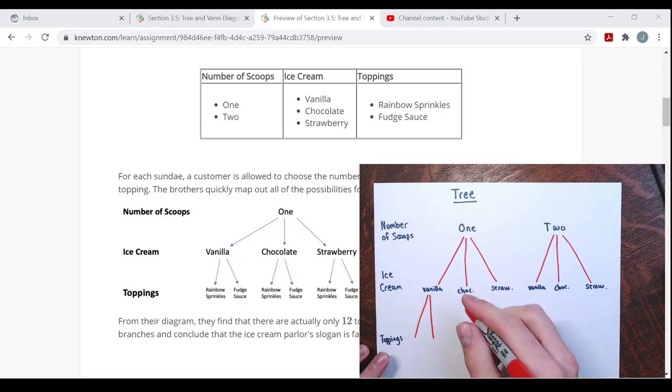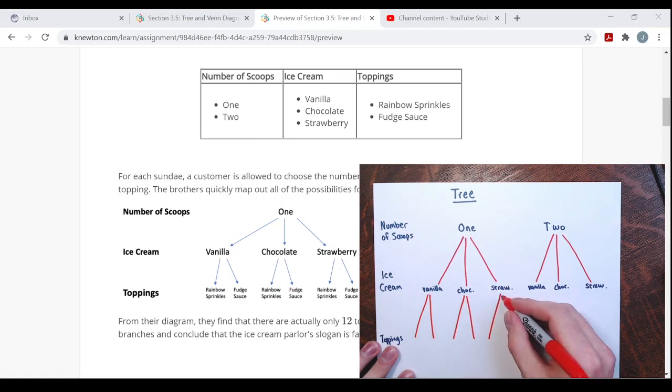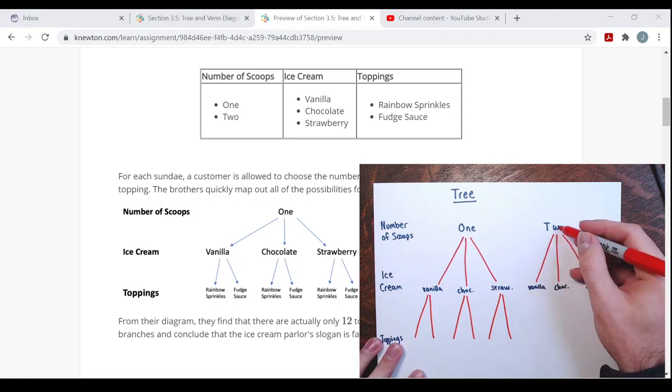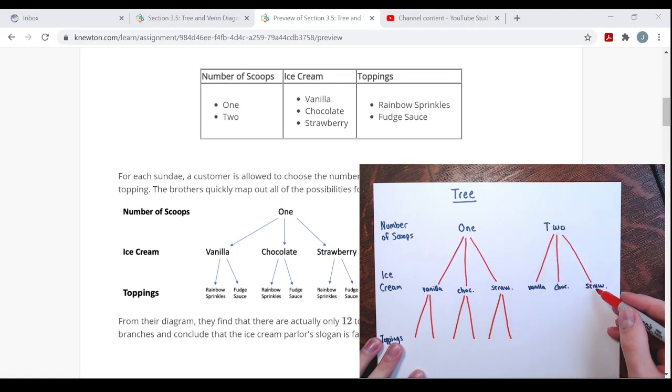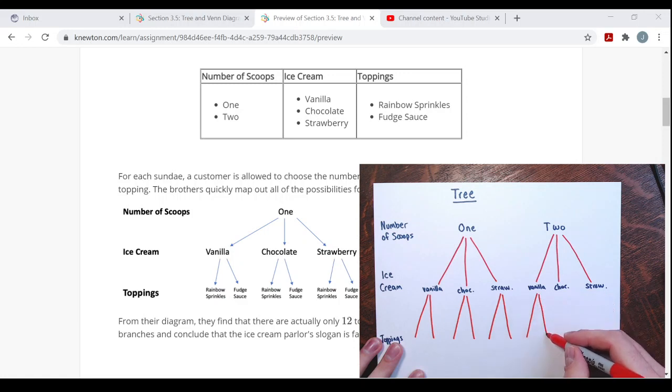And same thing for the chocolate, there'll be 2 choices there, because there are 2 choices of topping, and same thing for the strawberry. And then over here, same deal. If I had 2 scoops of vanilla, or 2 scoops of chocolate, or 2 scoops of strawberry, there'd still be 2 choices of topping. So again, each of these previous ice cream level entries get 2 branches.